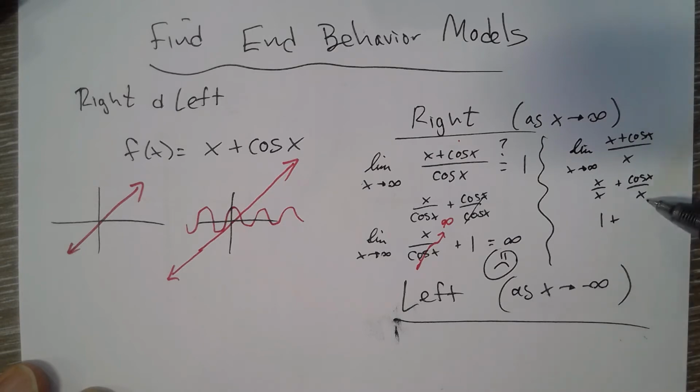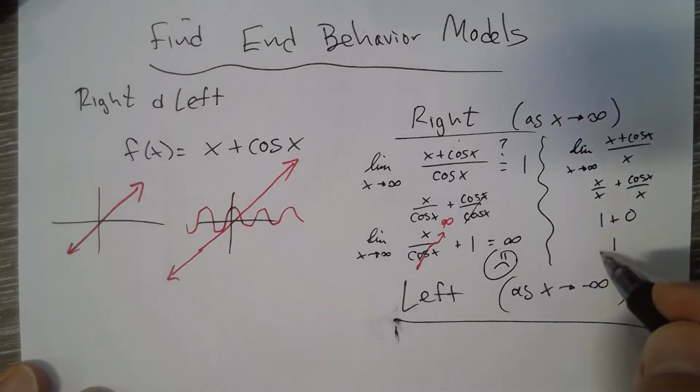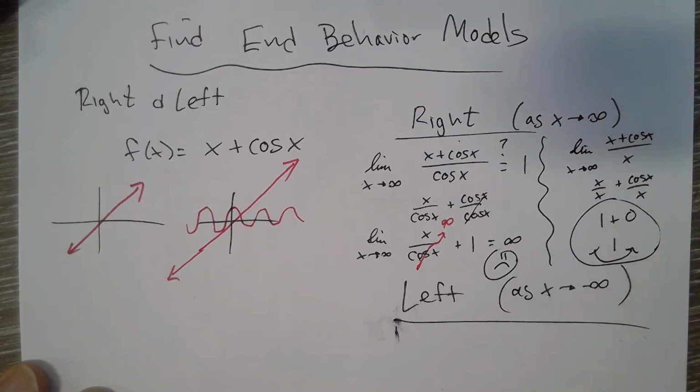The more dominant one is on the bottom. So imagine a really big number. Cosine of 1,000,000 is somewhere between negative 1 and 1, so you have a number between -1 and 1 over 1,000,000, a really small number, and it's only going to get closer and closer to 0. So you end up getting 1 for an answer. That makes us happy. So our answer to the right is going to be x.